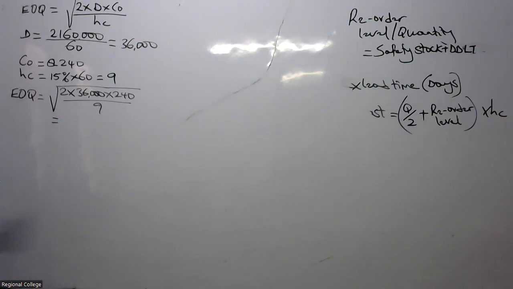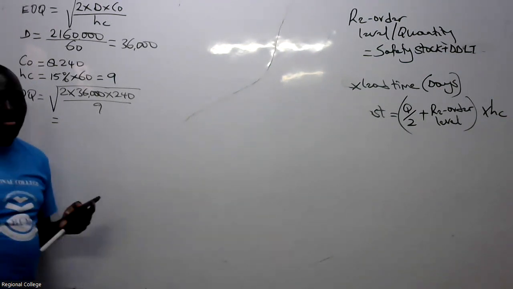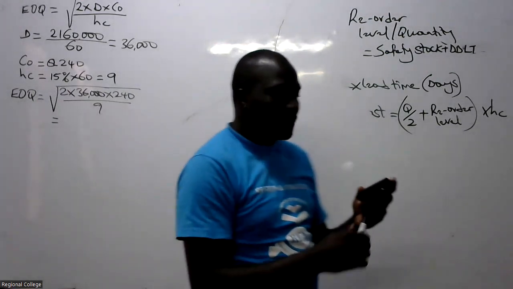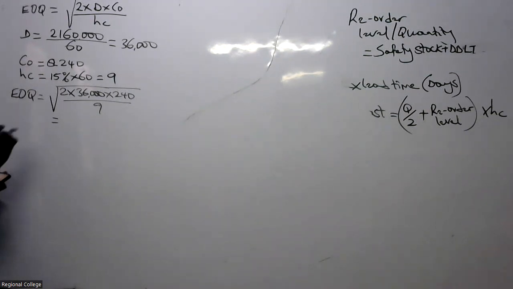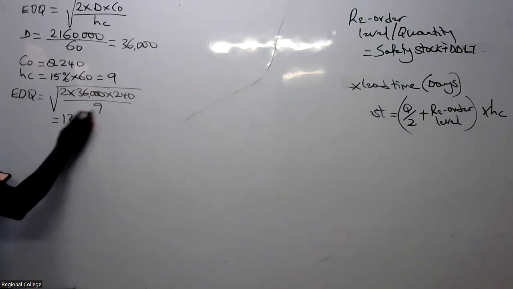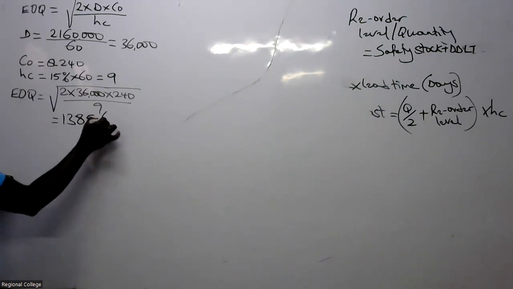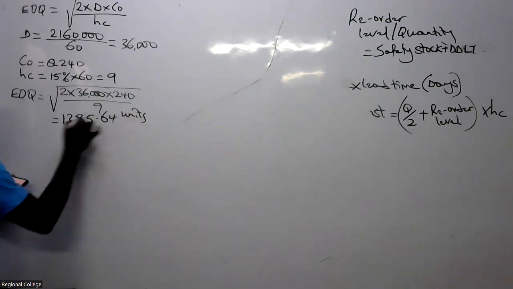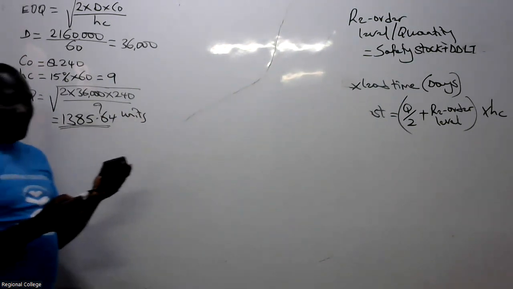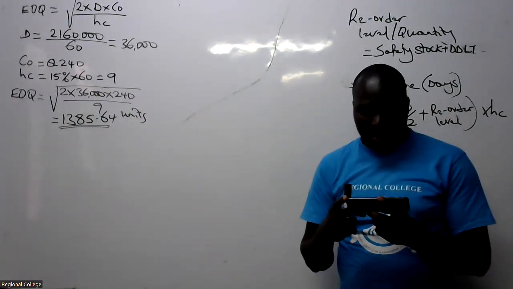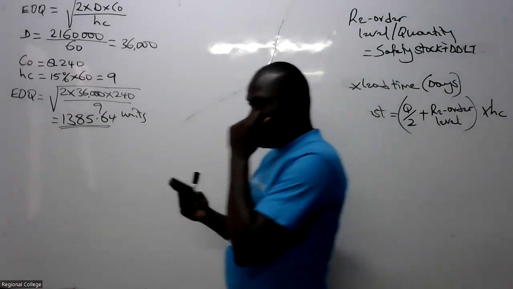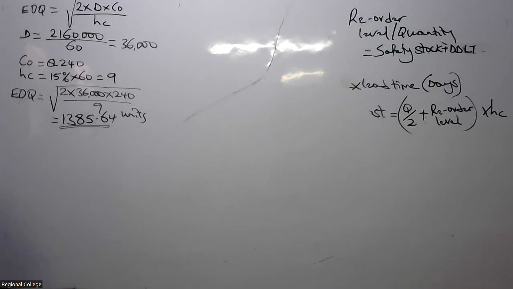Annual cash requirement, do you have units of cash, or is cash just shillings? So EOQ becomes 1,385.64, and those are units. So that covers the 3 marks.